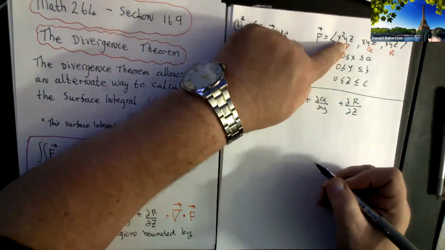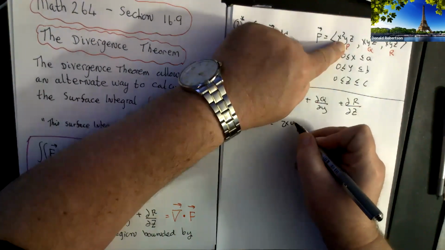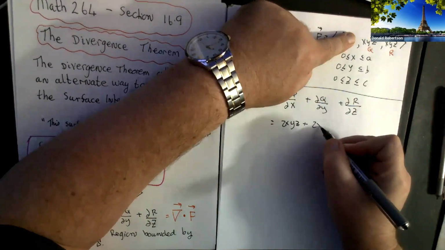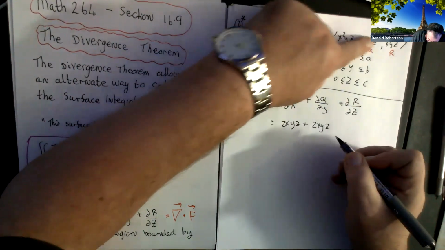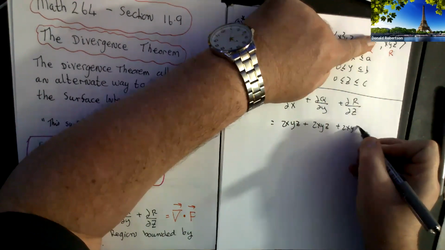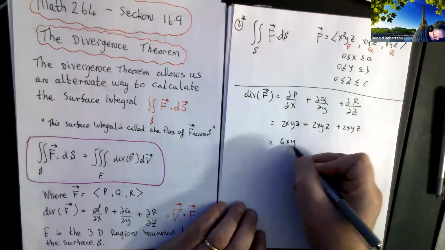If you differentiate this guy with respect to x, you get 2xyz. If you do this guy with respect to y, guess what? You get 2xyz. If you do this guy with respect to z, guess what? 2xyz. And so the whole answer becomes 6xyz.